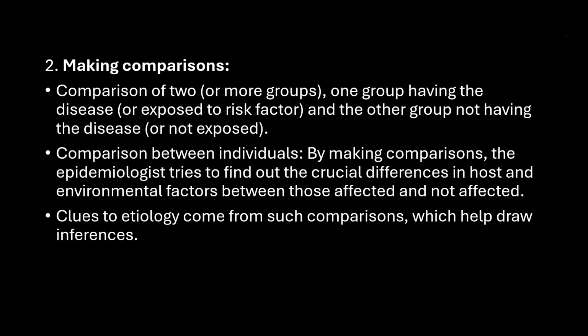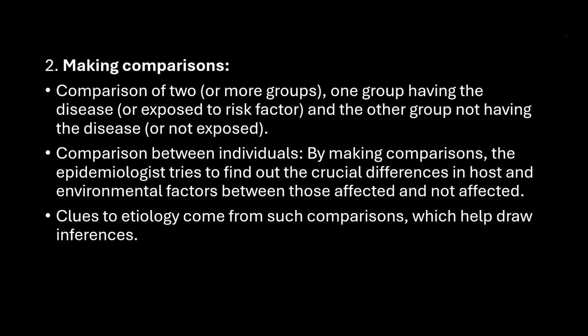Then comparison between individuals. For example, one person's blood hemoglobin level and another person's hemoglobin level. This person has no other diseases or comorbidities. Then we are comparing at the individual level.